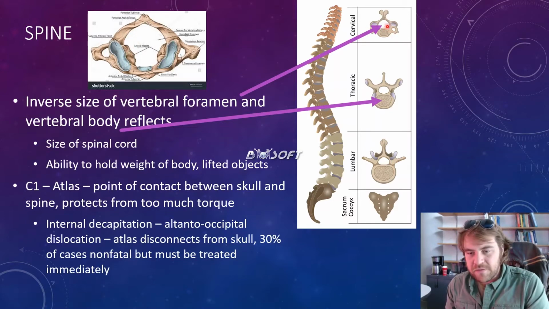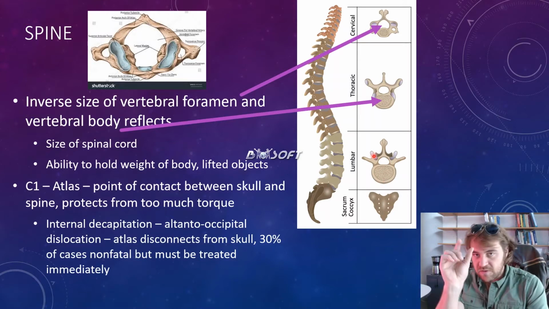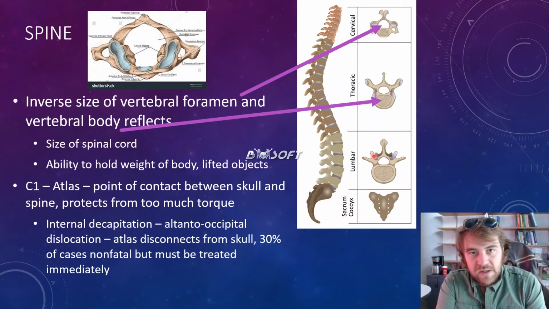Looking over here at the other cervical vertebrae, you've still got a large hole. You're starting to get a bigger vertebral body. Moving down to thoracic, this is smaller, this is larger. At lumbar, the vertebral foramen is pretty small. The vertebral body is huge. And then as you move down, the vertebral foramen tapers into nothingness.